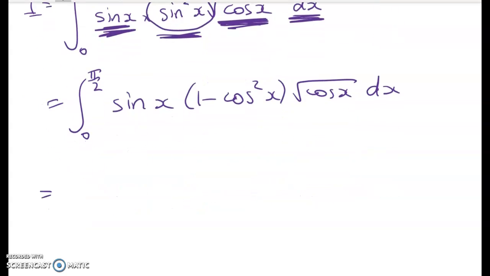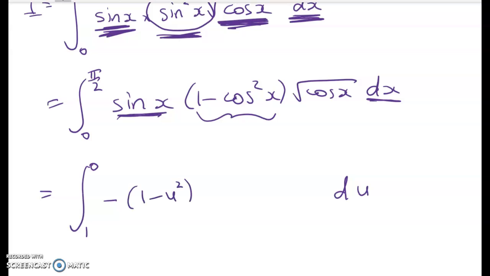Finally, we're ready to do all of the shifting over to u. So the limits are now 0 to 1, and sine x dx is equal to negative du. This is 1 minus u squared, and this bit is root u, or u to the power of a half.